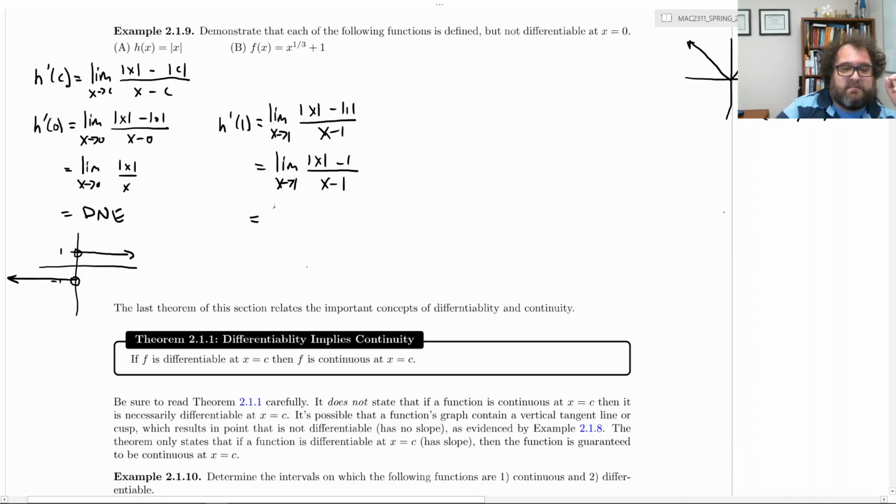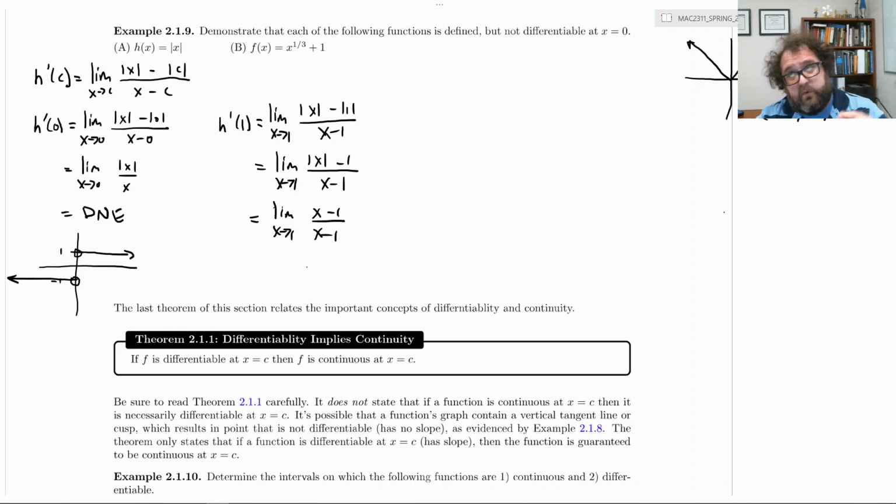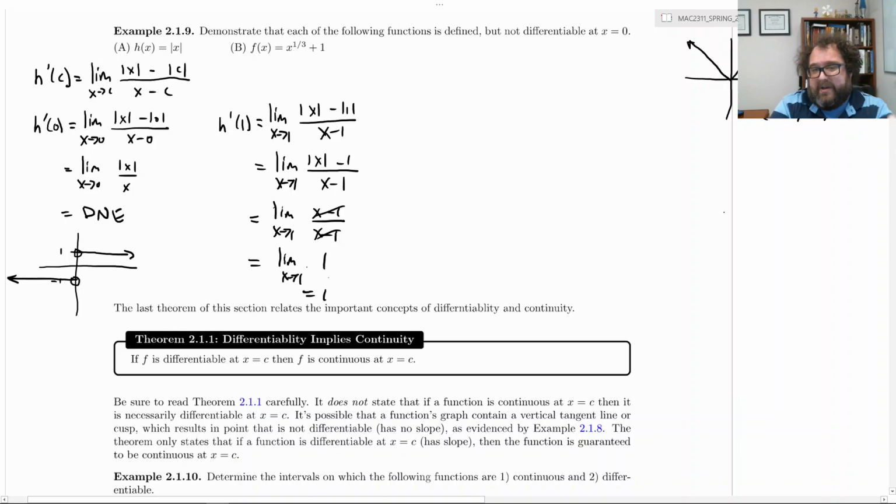So we could say x minus 1 over x minus 1, because the absolute value of x will be positive if x is positive, if we are only restricting ourselves to the limit as x approaches 1. So notice, cancel, cancel, which leaves us with the limit as x approaches 1 of 1, which of course is 1. So we get a fine limit, and the same thing will happen for every real number except for 0.